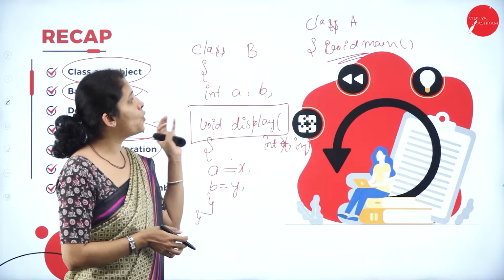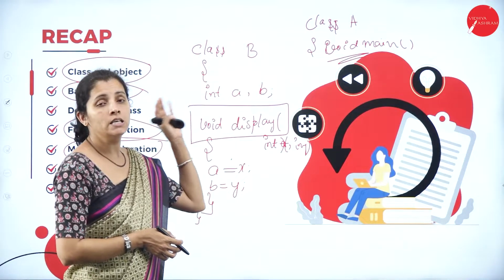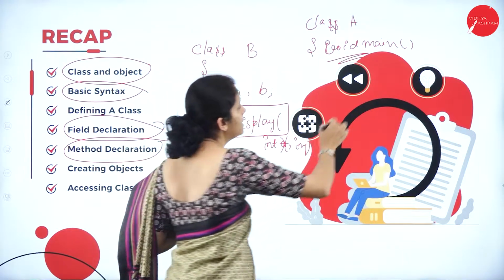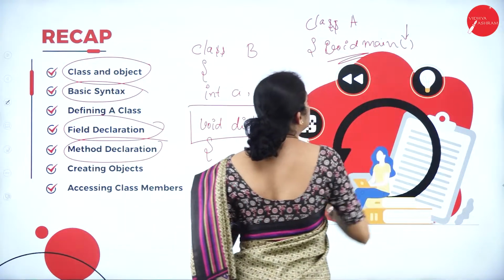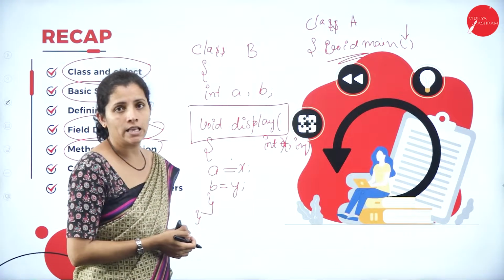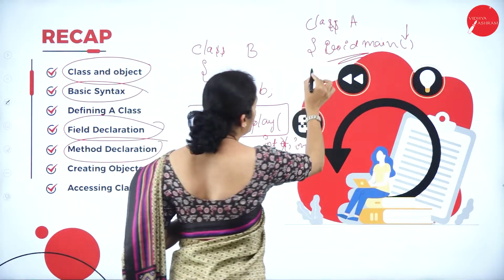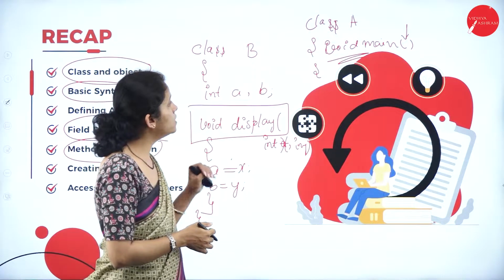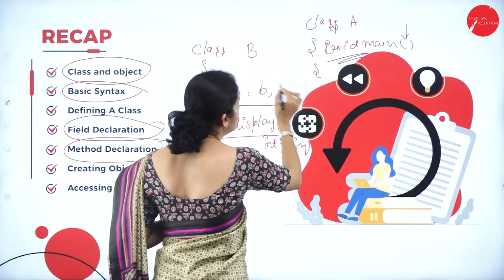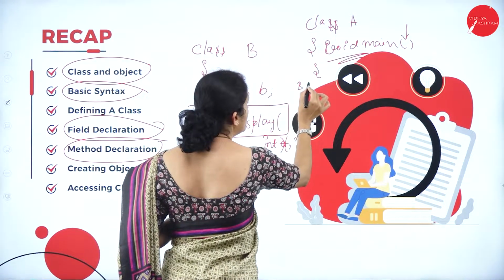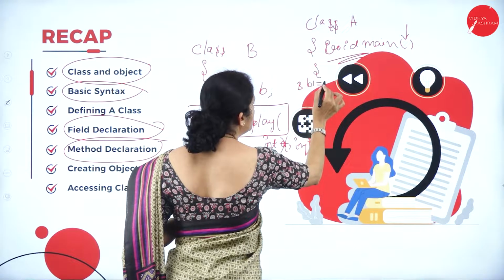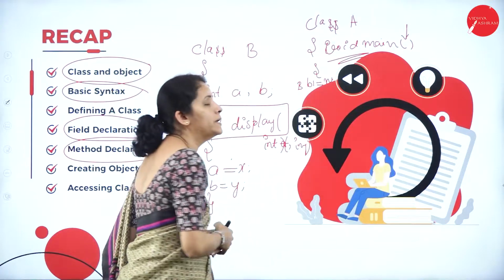That is not void main, that is nothing but public static void main, along with String args. After that, what do I want to do? I want to create an object of the type B. So I'll write B b1 equal to new B.